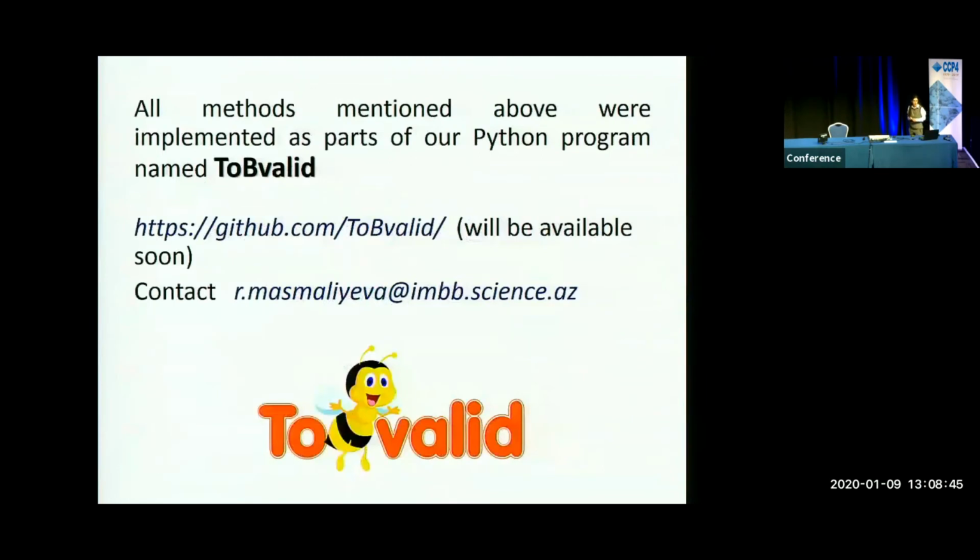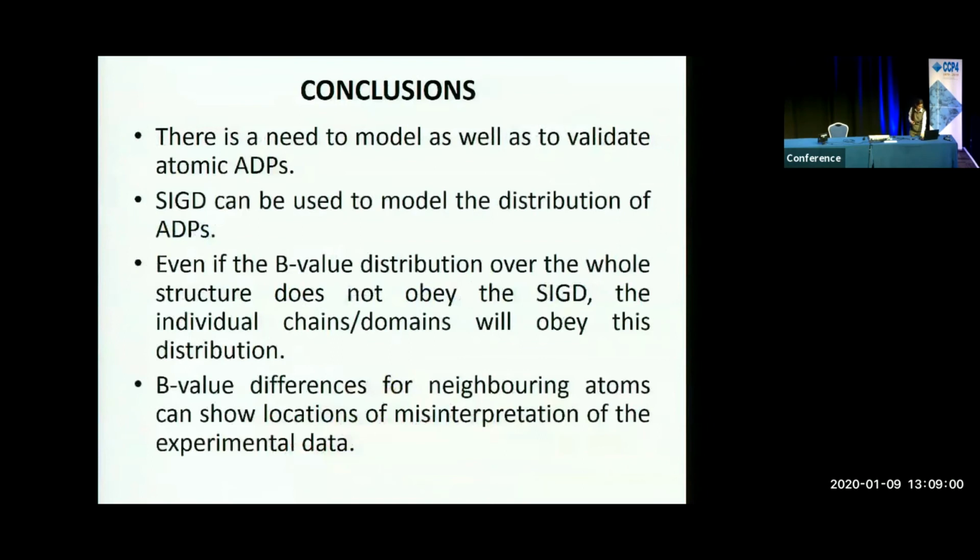All methods mentioned above were implemented as parts of our Python program named to be valid, which will be available online soon. Now, conclusions. As I said, there is a need to model as well as validate the atom displacement parameters. The shifted inverse gamma distribution may be used to model B-value distributions.